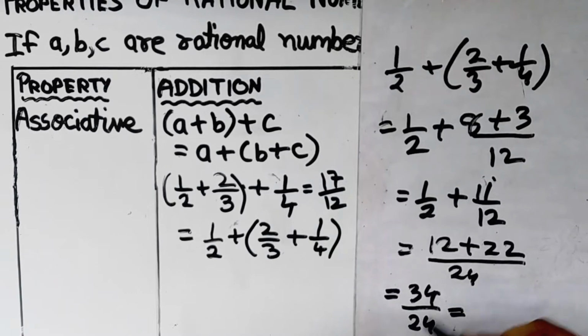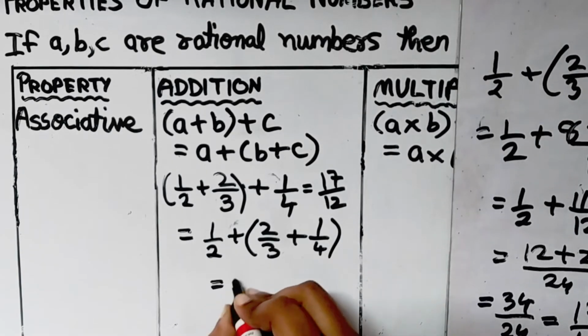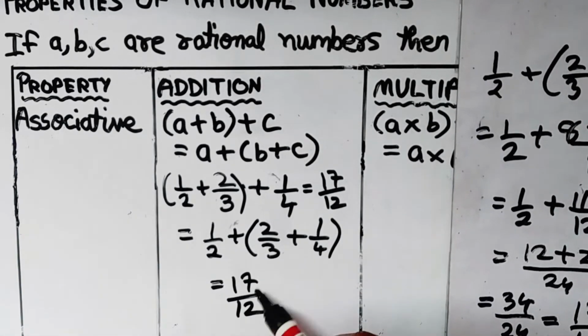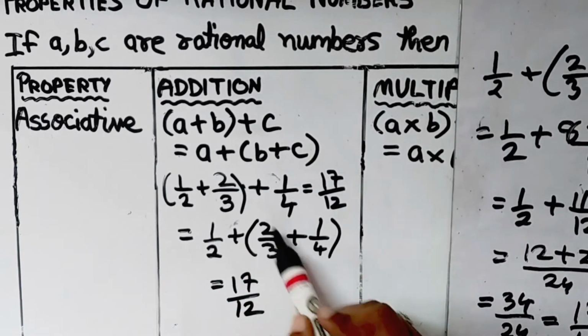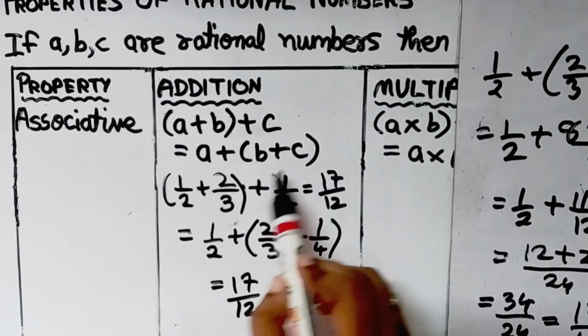We can divide this by 2, so we get 17 upon 12. Here also we are getting 17 upon 12 and here also 17 upon 12. That means these two are equal. So this property we have verified.